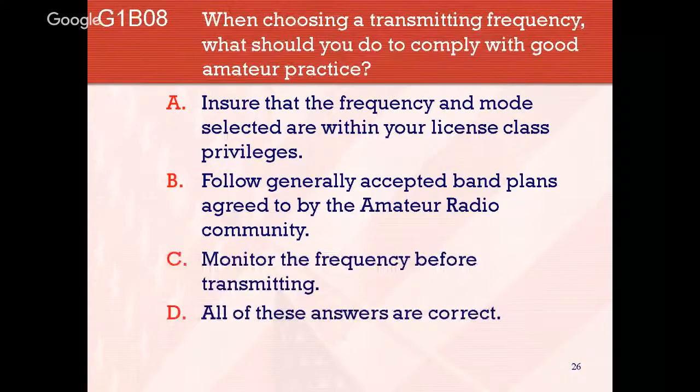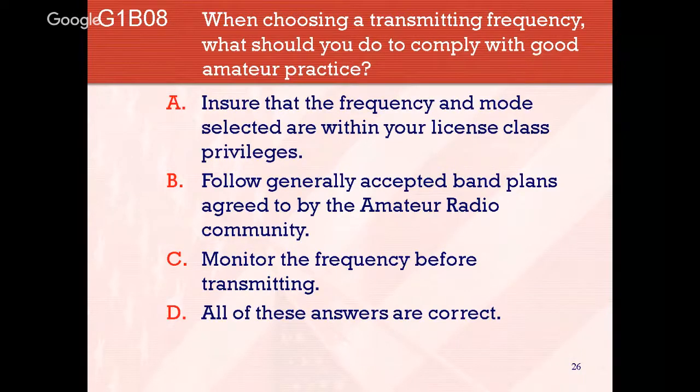When choosing a transmitting frequency, what should you do to comply with good amateur practice? This is one of those situations we listed before. You want to make sure that the frequency and mode selected are within your license class, and you follow generally accepted band plans agreed by the amateur radio community.